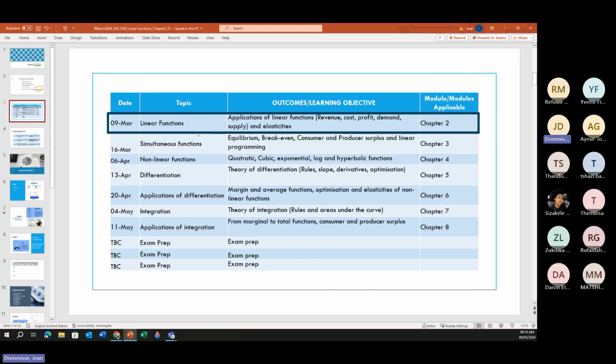So when we're looking at equilibrium, break even, the differences between those two. But today we will focus on revenue, and your cost function between revenue and cost. How do you get to profit? We look at demand and supply, and then we will also look at a few elasticities.